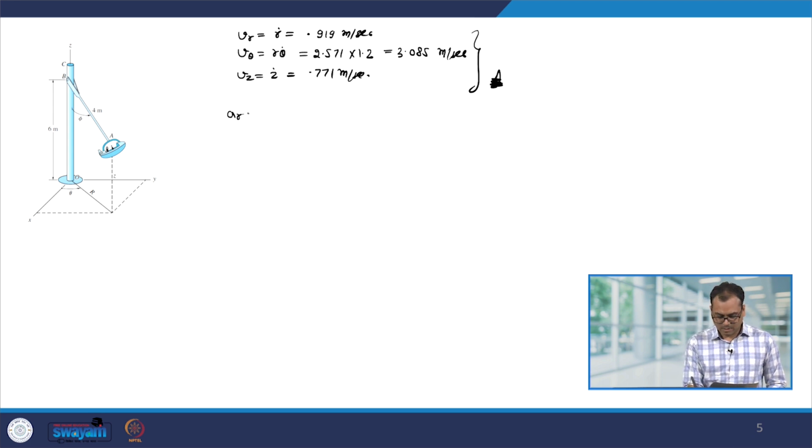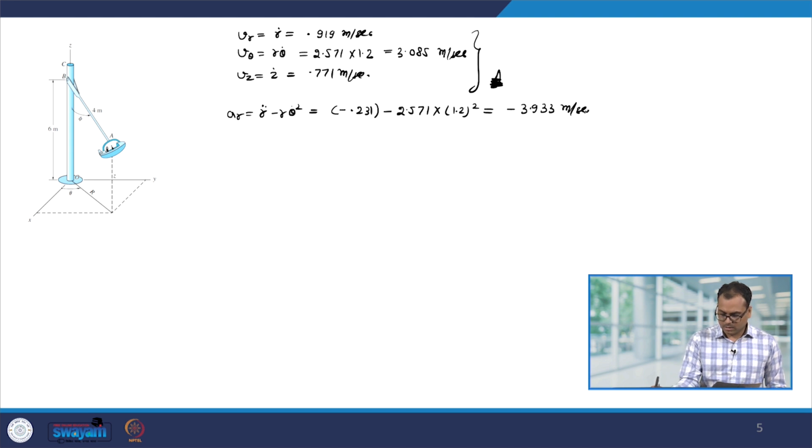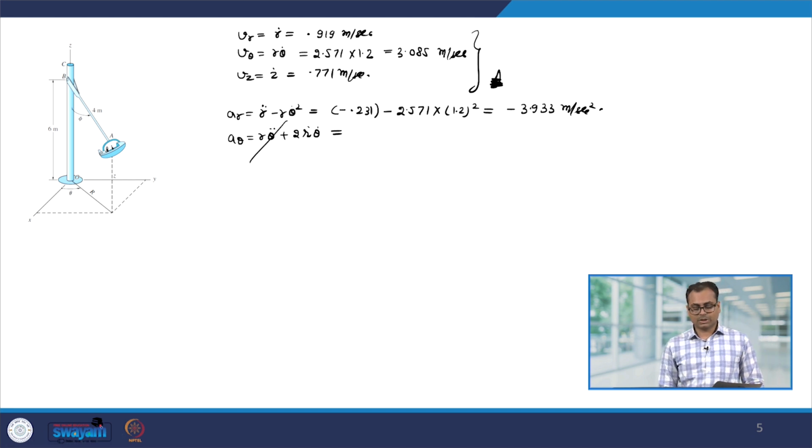and ar was r double dot minus r theta dot square, so this was minus 0.231 minus 2.571 into 1.2 whole square, comes out to be minus 3.933 meter per second square, and a theta was r theta double dot plus 2 r dot theta dot, but note that theta dot was constant, therefore theta double dot will be 0.